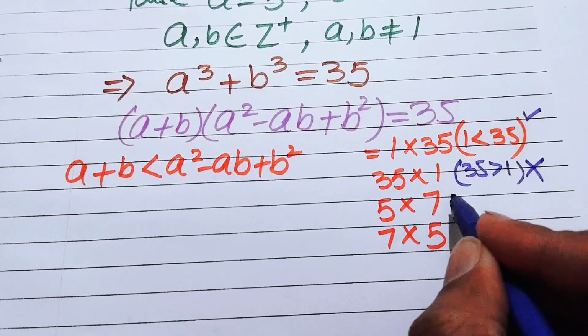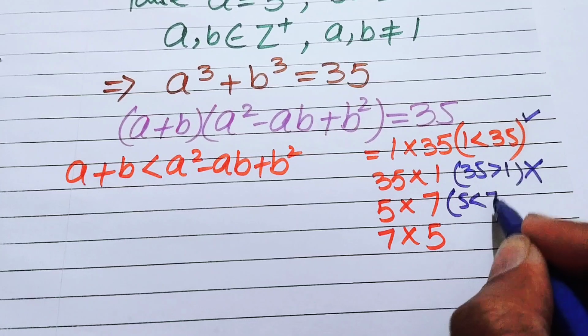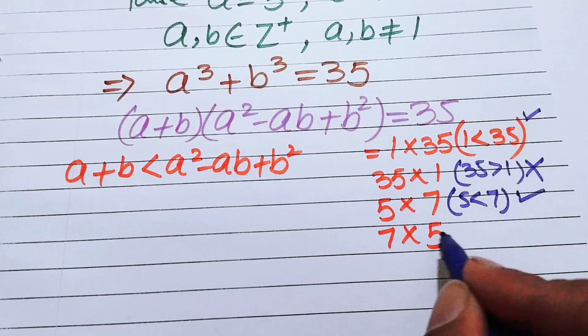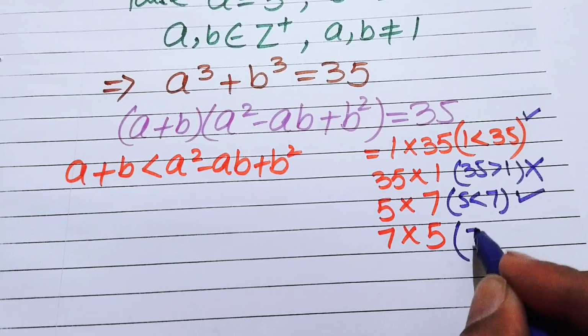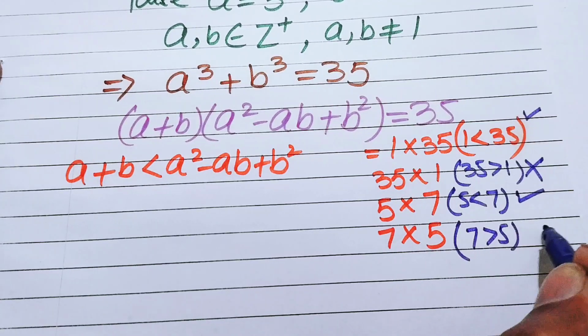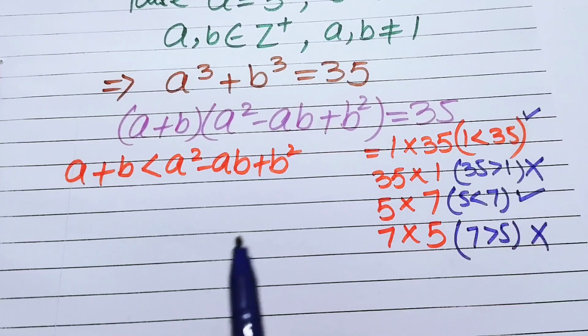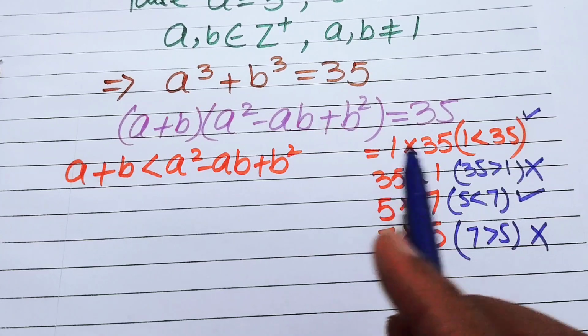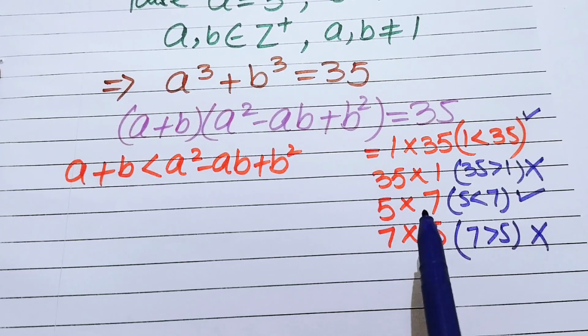And if you focus here, you see that 5 is less than 7, so we will use this. And here you see that 7 is greater than 5, so we will reject it. So here we accept these two pairs, 1 times 35 and 5 times 7.